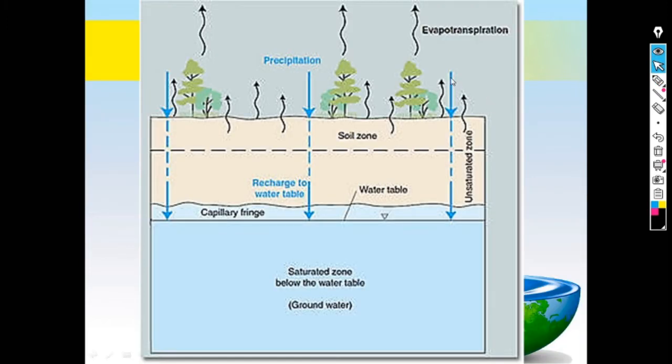This diagram is again telling about evapotranspiration from the surface and subsurface water, precipitation, and recharge of the groundwater from the precipitation, right? So this recharge goes from the unsaturated zone and reaches the saturated zone.